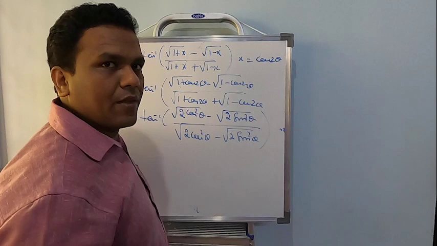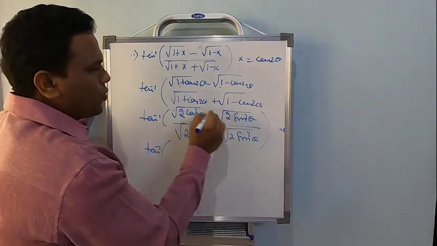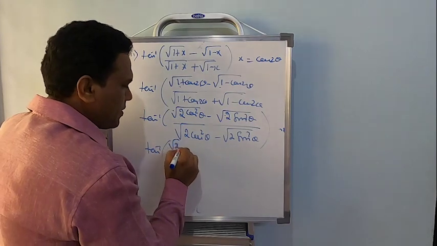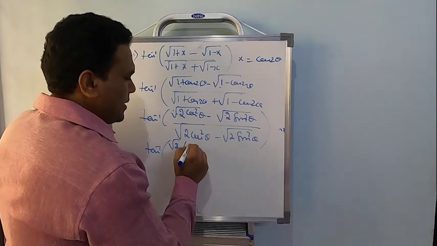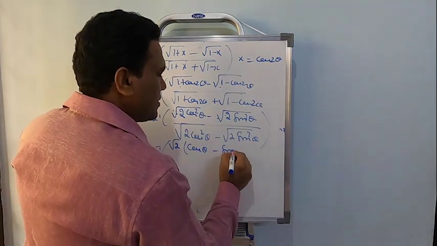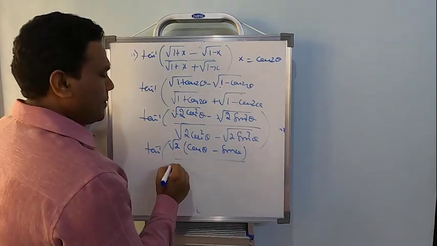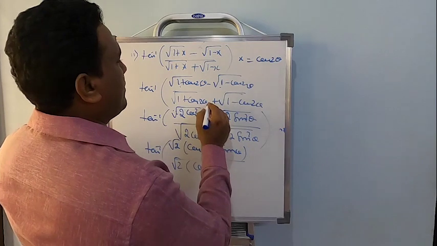That's okay now? Now, look at that. In the numerator, root 2 will be common from both the terms. I have taken it outside. Now look at this: root of cos square, cos theta, minus root of sin square, sin theta. And in the denominator, root 2 is again taken common. Cos theta, what is the sign we have?